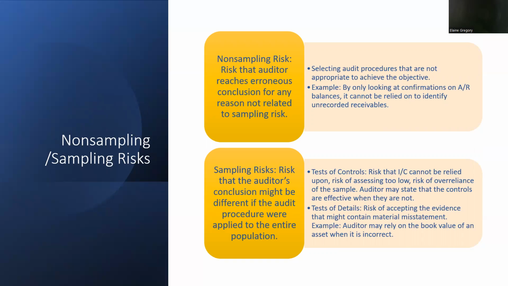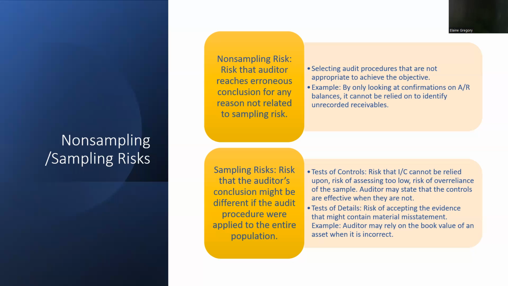The sampling risk is that the auditor's conclusion might be different if the procedure were applied to the entire population. We would look at, did we reach an erroneous conclusion? So we might be selecting procedures that are not appropriate to achieve the objective. Maybe we're not doing the audit testing the correct way.